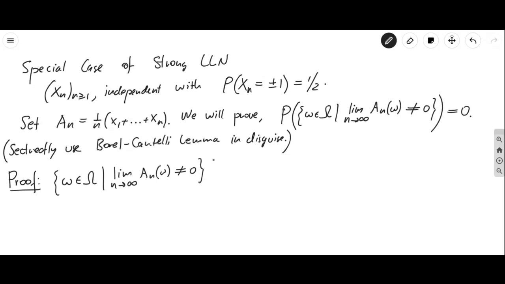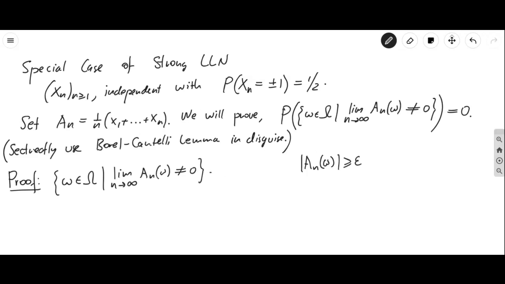It goes back to what we were saying about advanced calculus: if you have a sequence and the sequence does not converge, in this case does not converge to 0, then it will mean that this inequality, an of omega, will have to be greater than or equal to some epsilon. And this has to happen infinitely often.